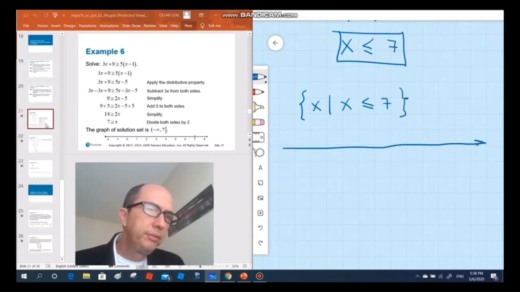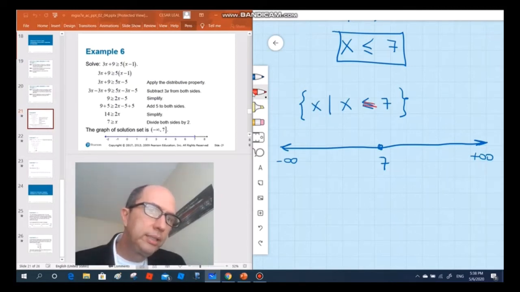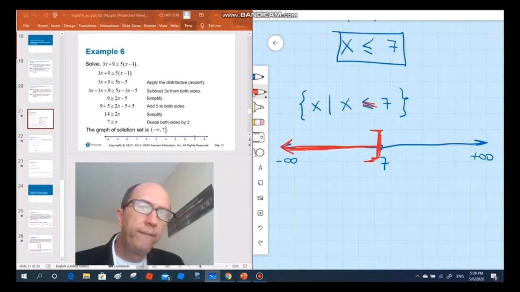Graph notation, here, negative infinity, positive infinity. Don't forget the arrows, very important. This point here is going to be 7, and let's use a different color. 7 is included, so bracket, this bracket here. That means 7 is included. And everything less than 7 is also included.